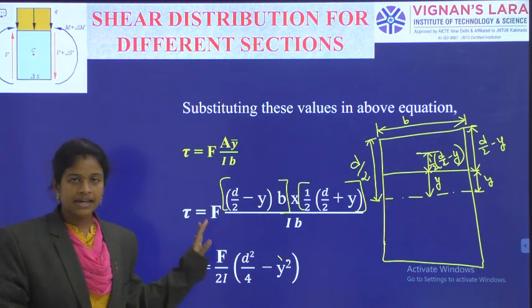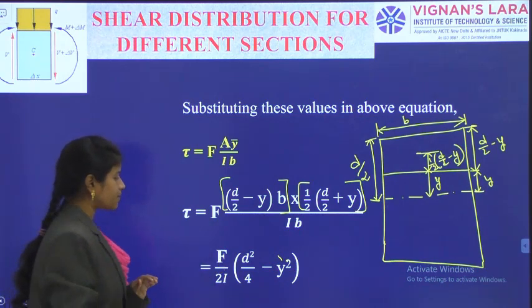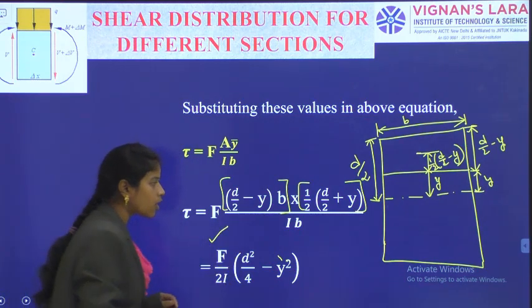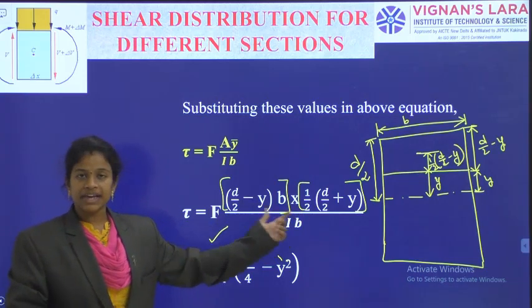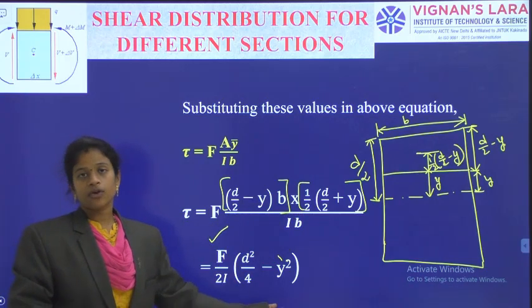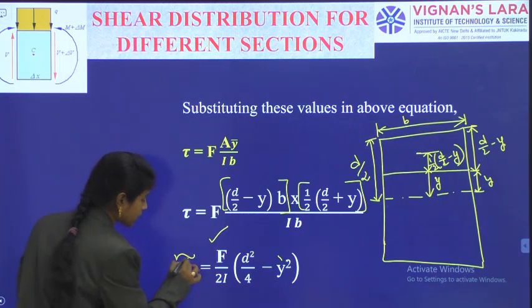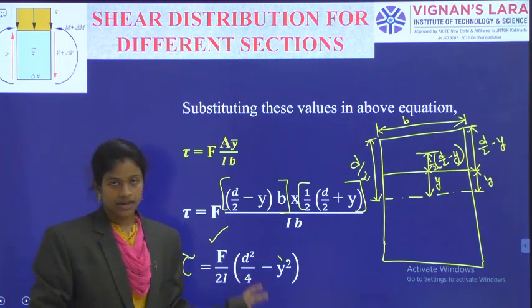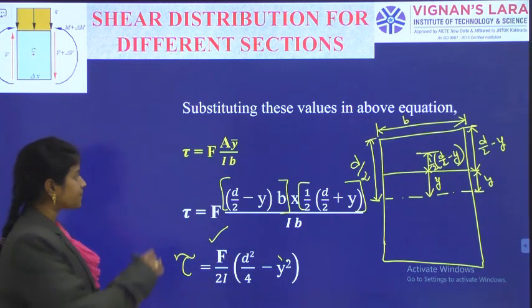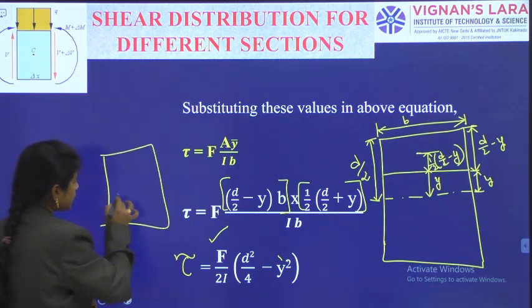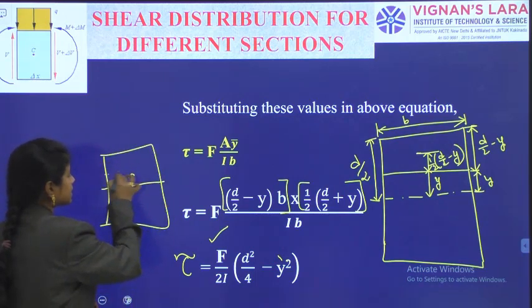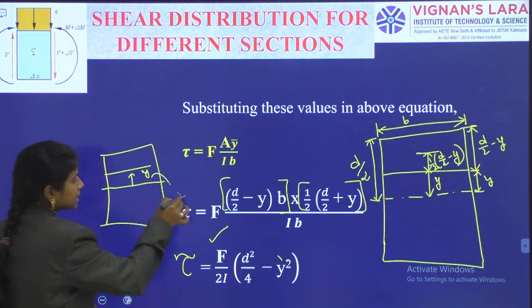Now I am keeping I as this, later I will substitute, and we have got A minus B into A plus B like that. So F by 2I into (d square by 4 minus y square) is the tau equation for the rectangular section. Whatever level you consider, when it is at a distance y from the neutral axis, the corresponding tau answer is this one.